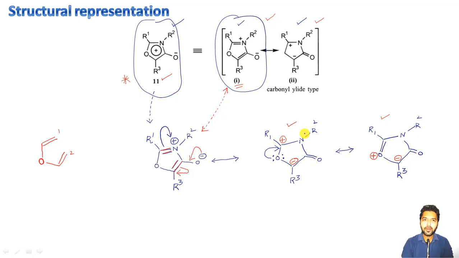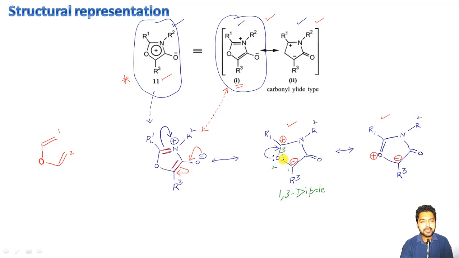So it was important to discuss this before starting the synthesis part, as well as the chemical reactions for this topic, right? Now one more thing I want to tell you is that we can definitely call this molecule a 1,3 dipole type of molecule. Okay, if you count from here, it is number 1, number 2 and number 3.